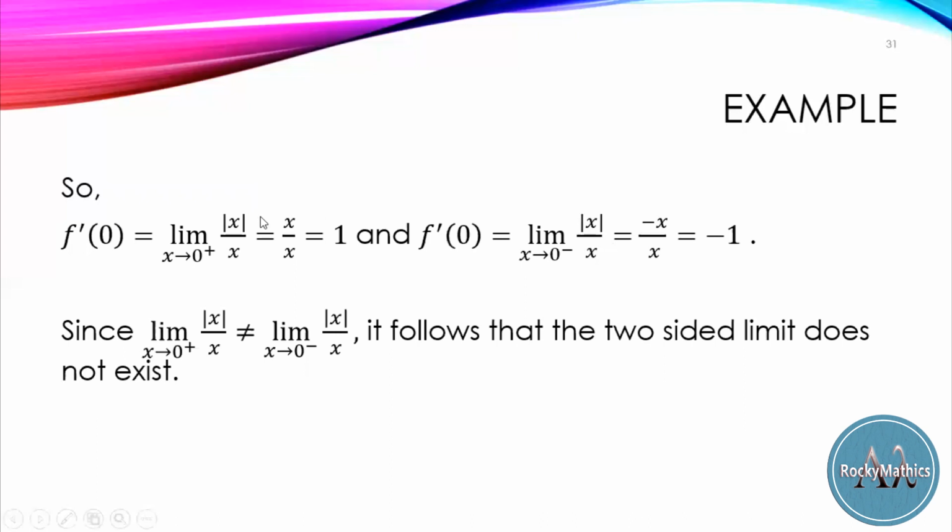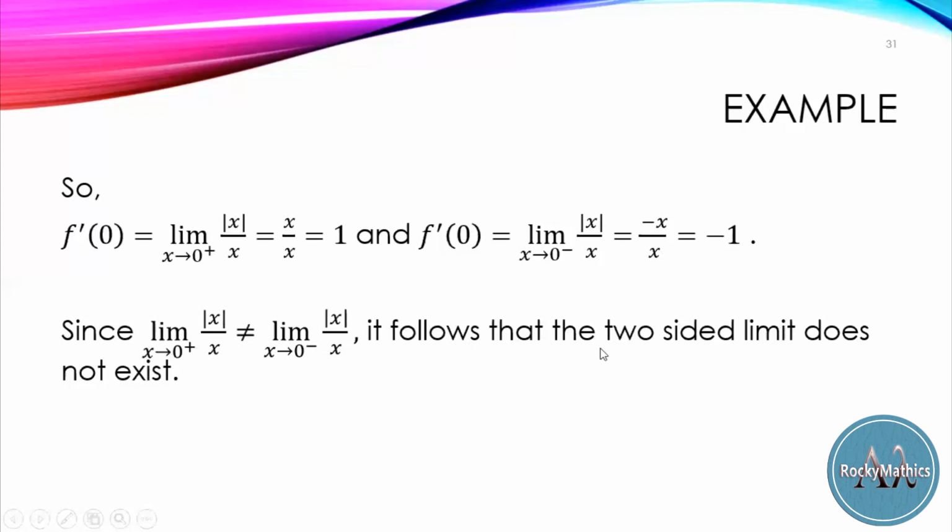Now, since the limit of absolute value of x over x as x approaches 0 from the right is not equal to the limit as x approaches 0 from the left, or the right-hand limit is not equal to the left-hand limit, because the limit of this expression is 1 and the limit of this is negative 1, they are not equal.